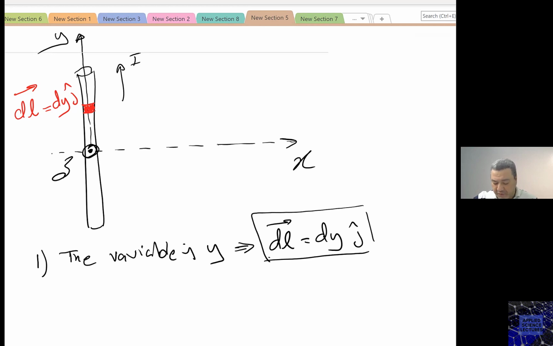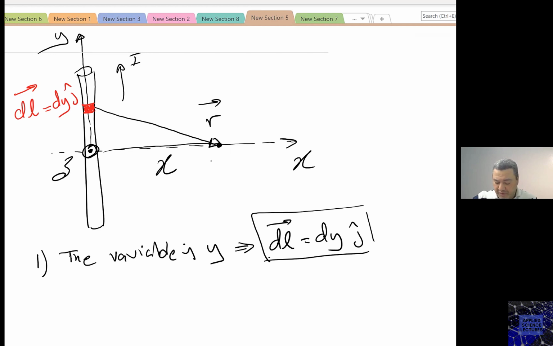Then I have the point here. This one is x. And the distance from my differential element to the point of interest is the r vector. And I need to calculate the magnetic field right at this point.